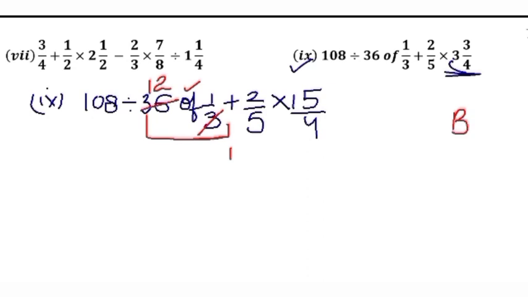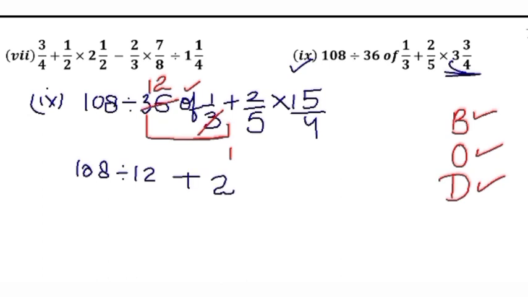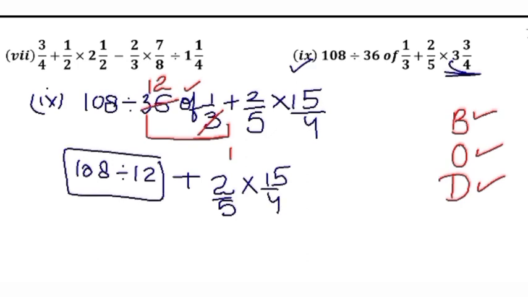In BODMAS, first we solve the bracket, which is not there in this question, then 'of', which we have calculated, then division. Now we will calculate the division part. So this is 108 divided by 12 plus 2 upon 5 multiplied by 15 upon 4. When you divide 108 by 12, what do you get? 12 9s are 108.